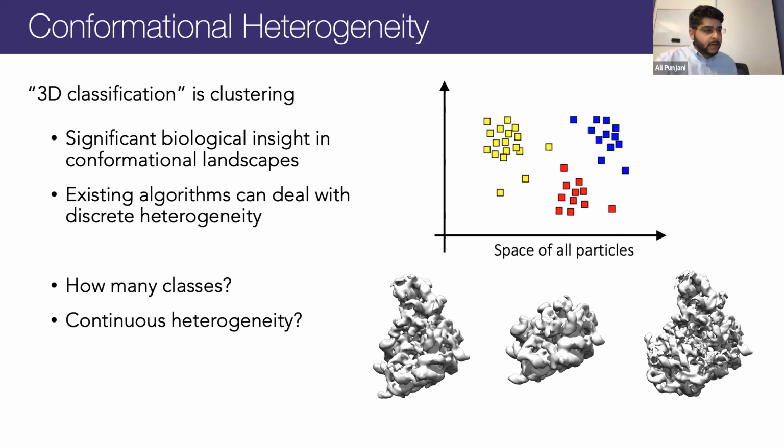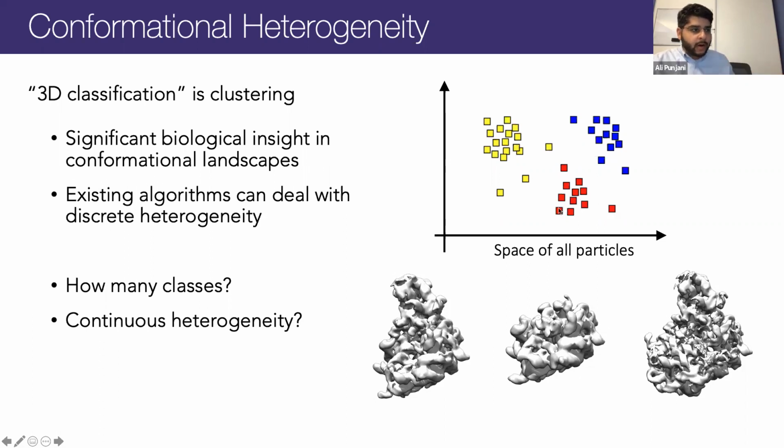So if we think in a conceptual sense of a space, the mathematical notion of a space of all the possible particle images that could be generated, clustering of those particles that we observe into different categories in the space is what amounts to 3D classification.